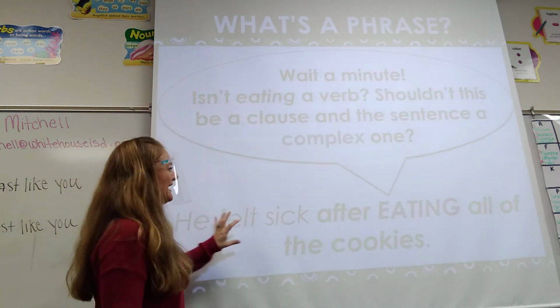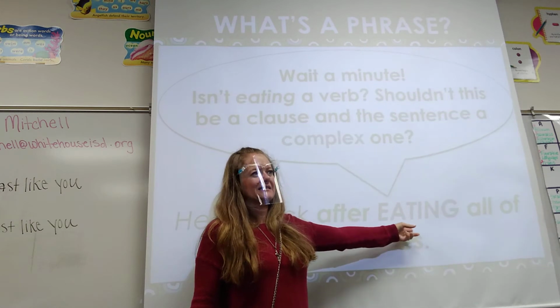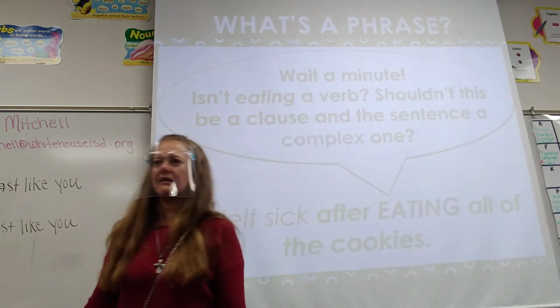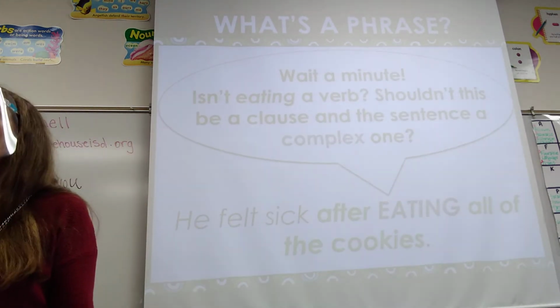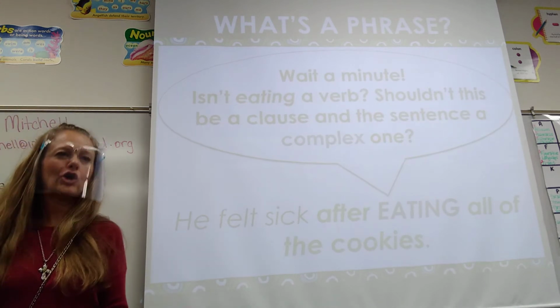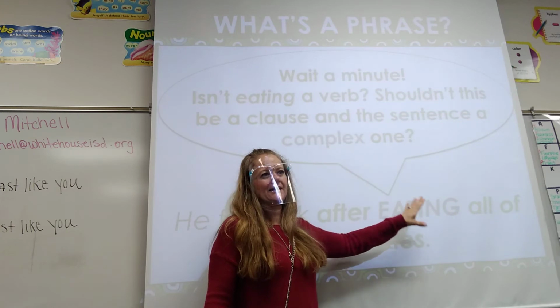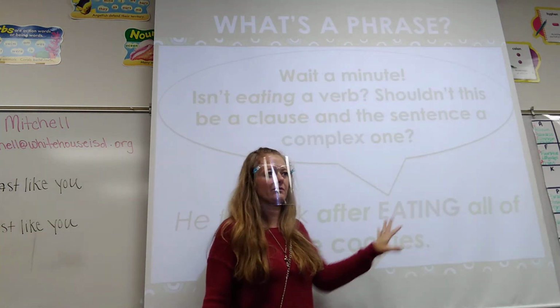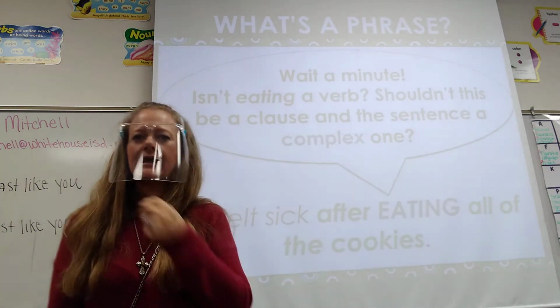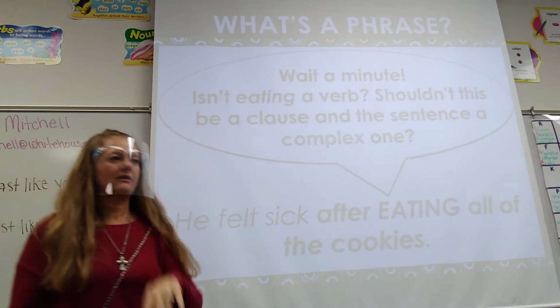So when we look at this eating, this is a gerund. A gerund is a word that we traditionally know as a verb, but in the sentence, it acts as a noun. Okay, it's a person, place, or thing, or idea. So that's what we have for a gerund.